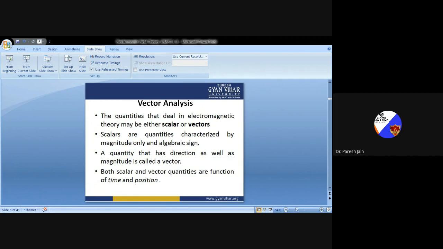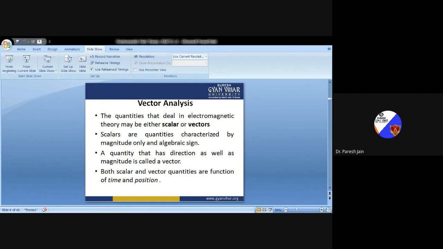The scalars are the quantities characterized by magnitude only and algebraic sign. Means a scalar quantity is only applicable to define the magnitude, and it describes the sign of the quantity.